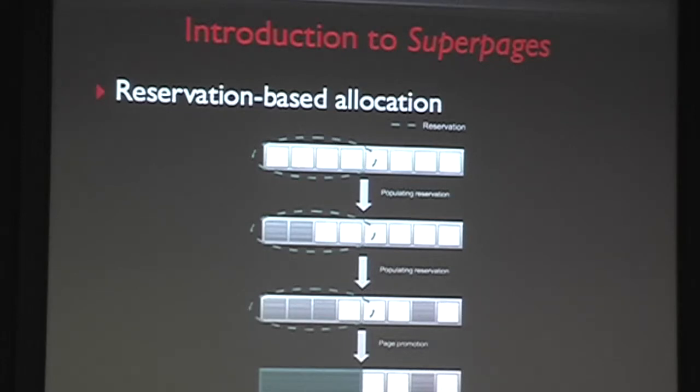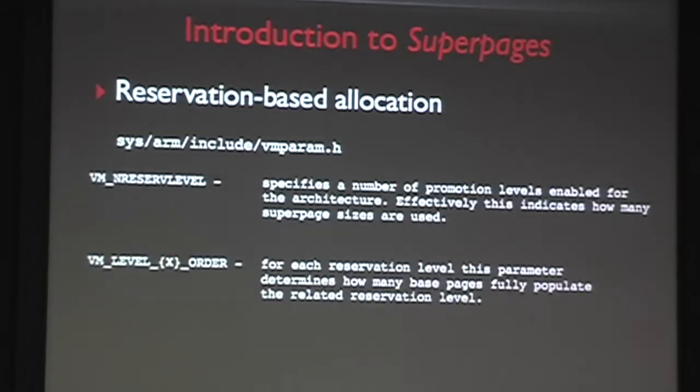So if we have a lazy process that is not utilizing its reservation, it can be evicted by another process that is actively using the memory. So as you can see, this mechanism truly adapts to the actual system needs, so that only processes that are actively utilizing their memory will have their mappings promoted to a superpage.